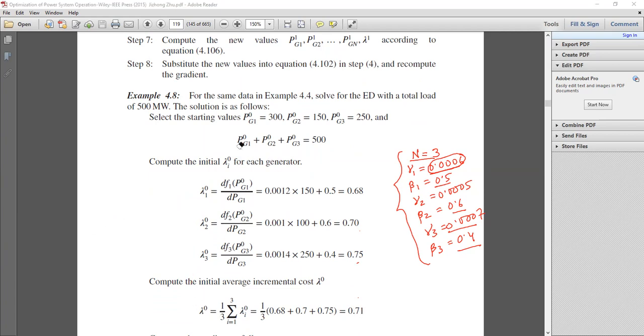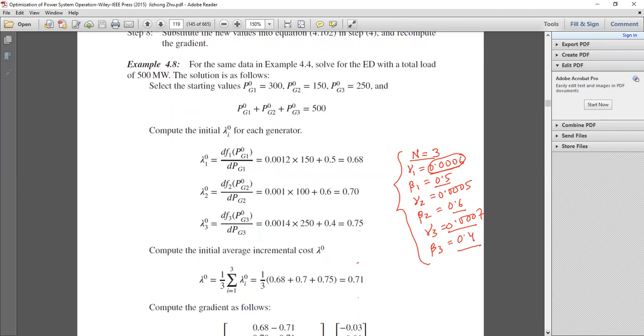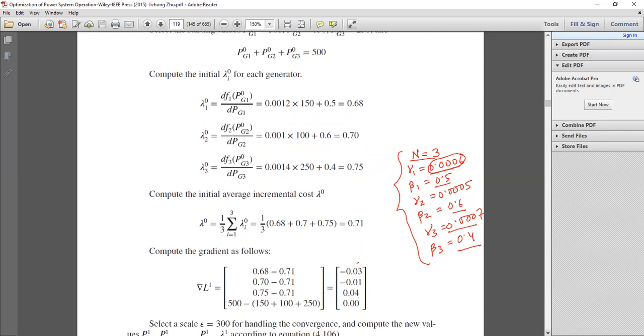Once you have lambda naught and pgi naughts available, then you are in a position to calculate your first gradient, that is del L1. You know the formula, so you simply calculate del L1. So what do we have in del L1? The first entry is df1 by dpg1 at 0.